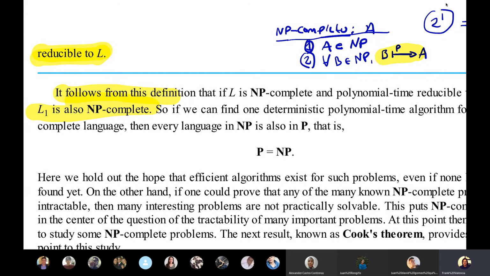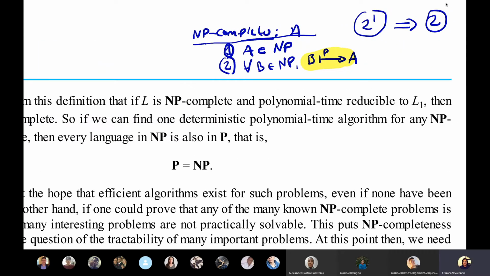So basically, putting it closer, what I have just said is the following. This problem A is NP complete if, of course, it needs to be in NP, and for every other NP problem, you need to be able to reduce that problem into A in polynomial time.